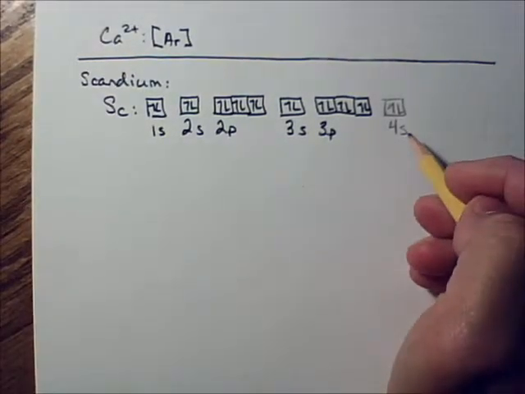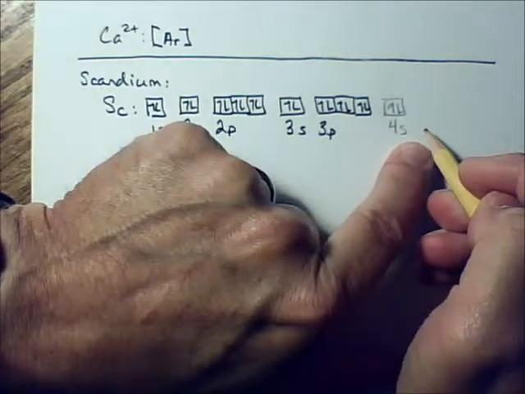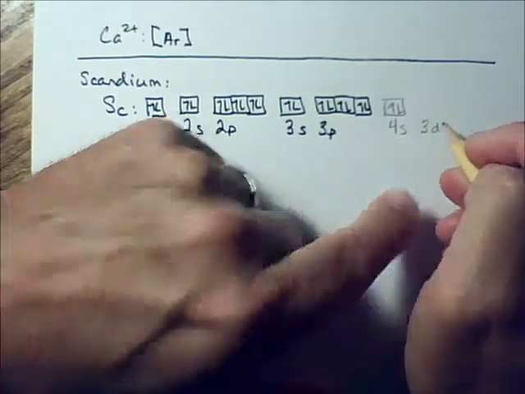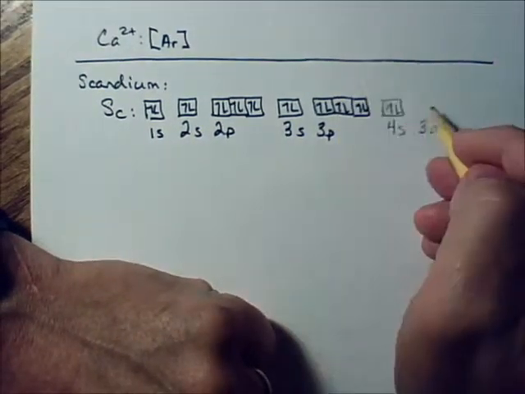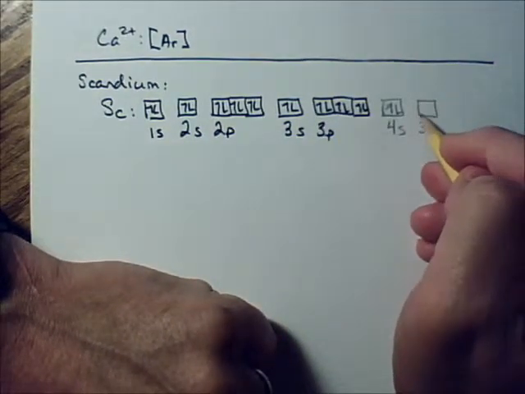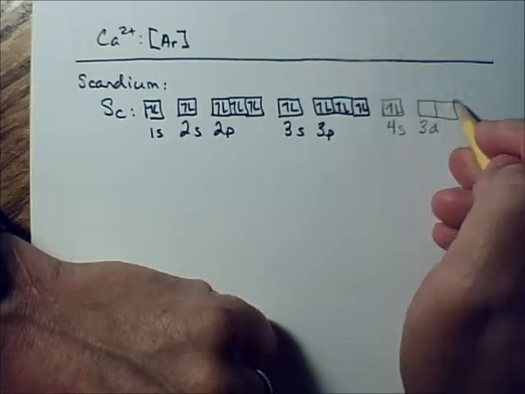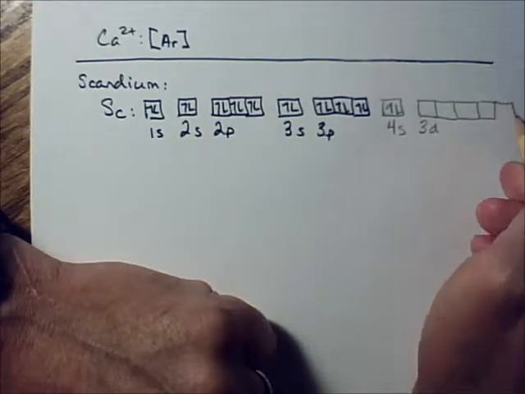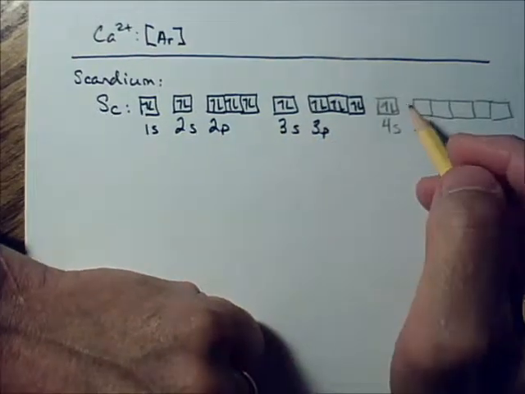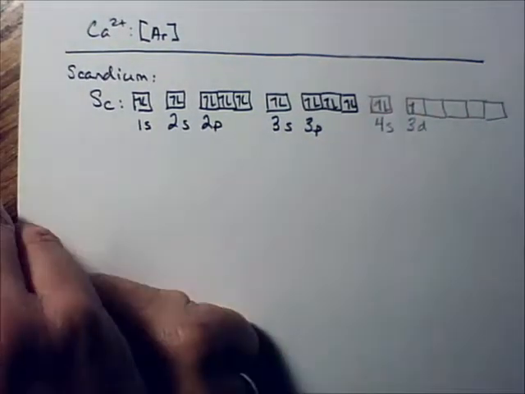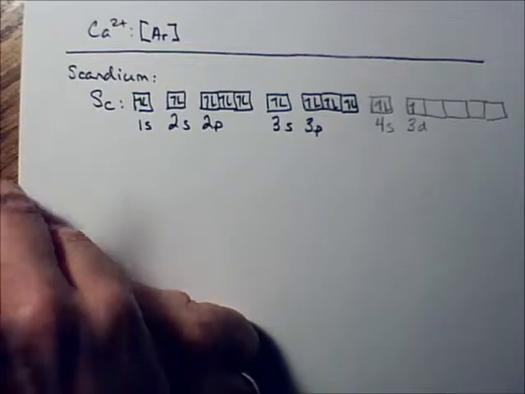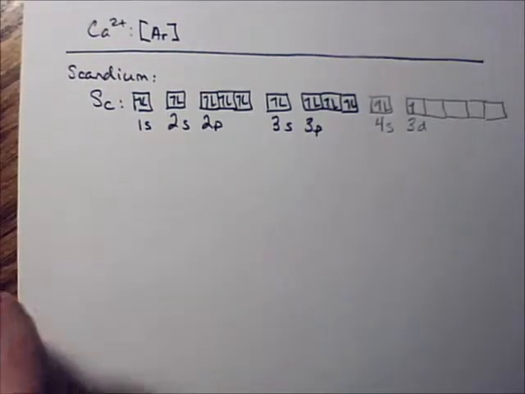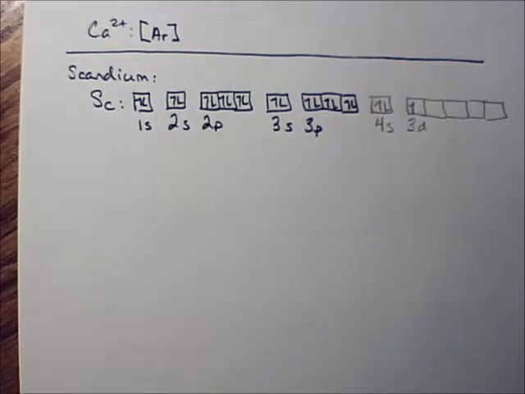So instead of going to 4d, we're going to 3d. And there are 5 orbitals in a D sublevel. Even though there's only 1 electron there, we still got to have all 5 orbitals. Thank you for letting me use that.